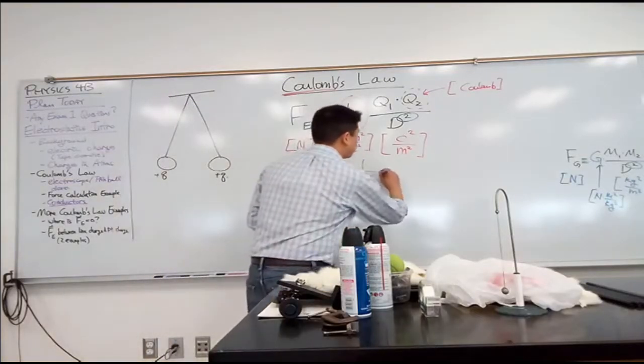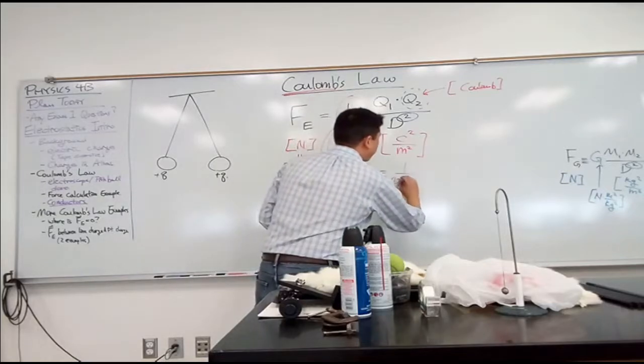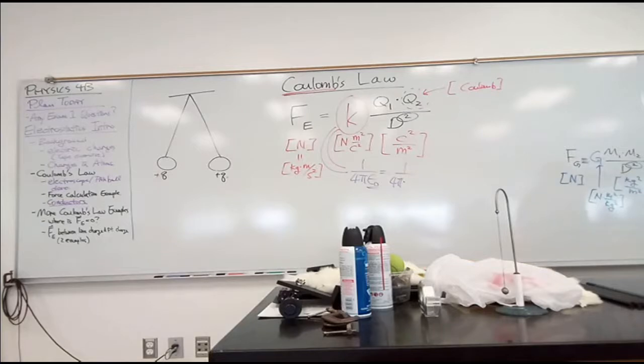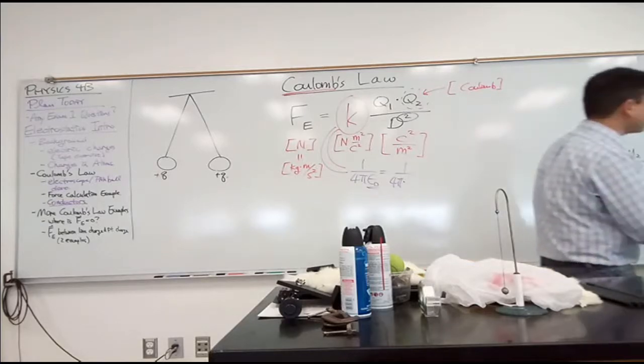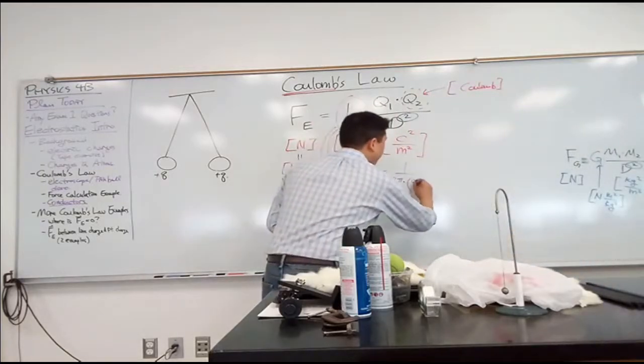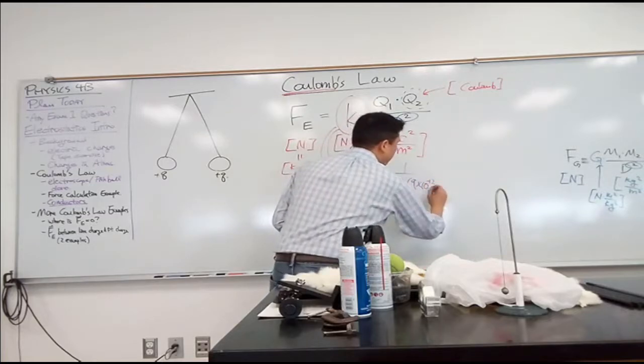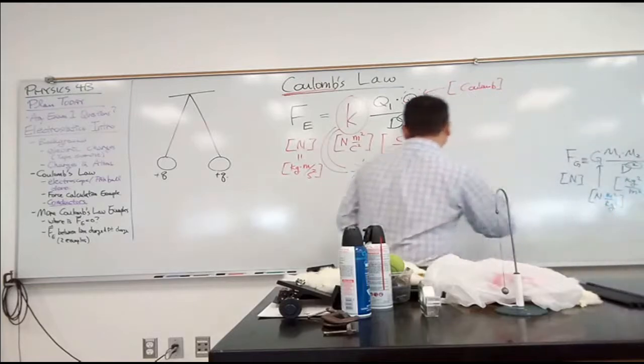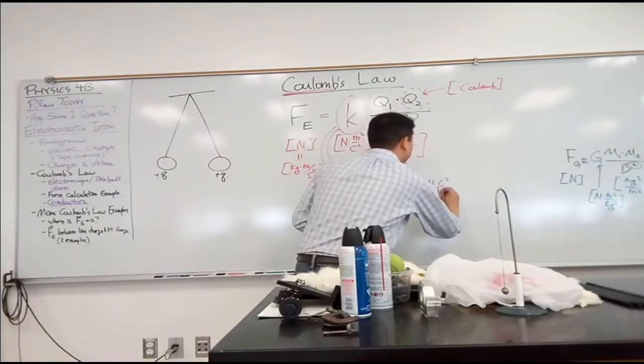So let me plug in the numbers. This is 1 over 4 pi times epsilon naught, about 9 times 10 to the minus 12, and let me be careful with the units here: coulomb squared per newton meter squared.